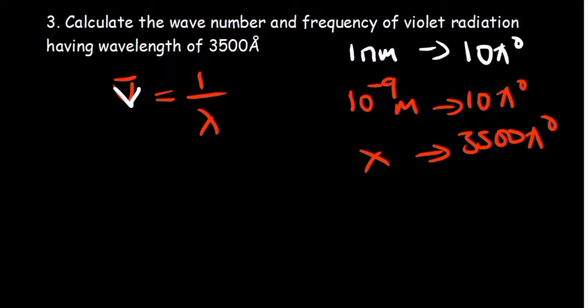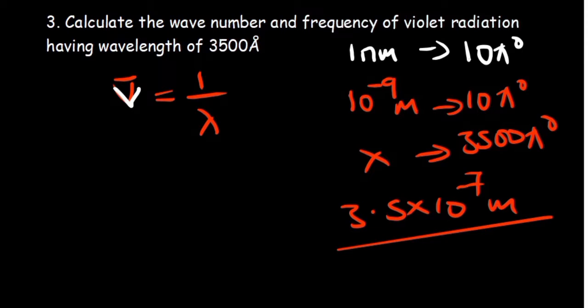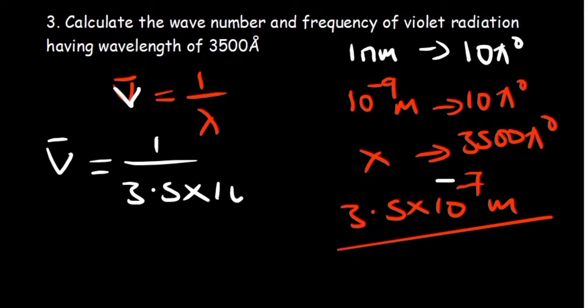We have 3.5 times 10 to the power negative 7 meters. So we've converted our angstroms to meters, and you can now plug that in. Our wave number is going to be 1 over 3.5 times 10 to the power negative 7.